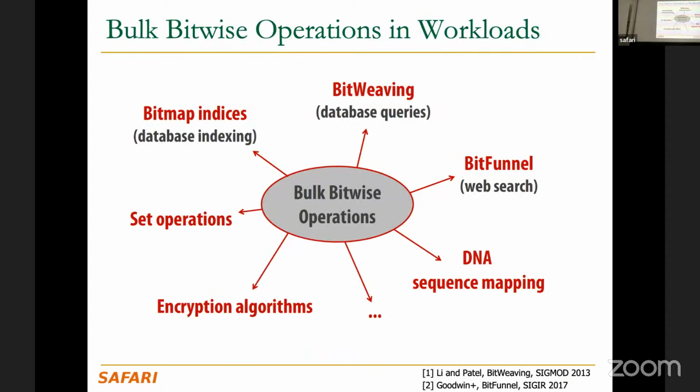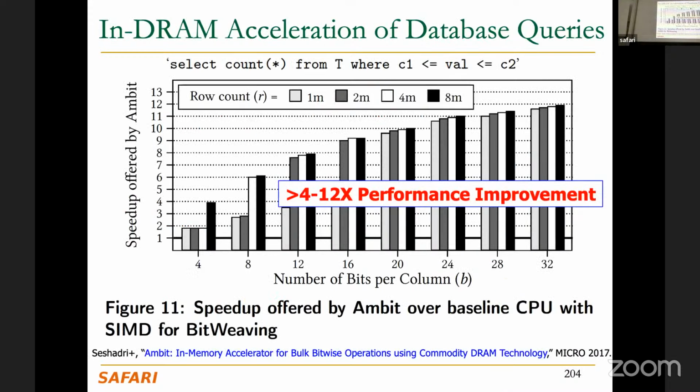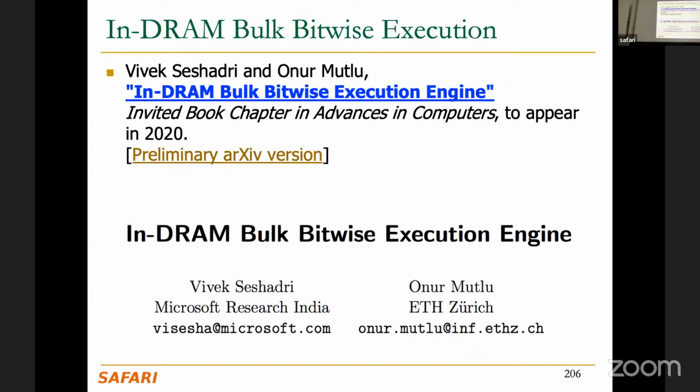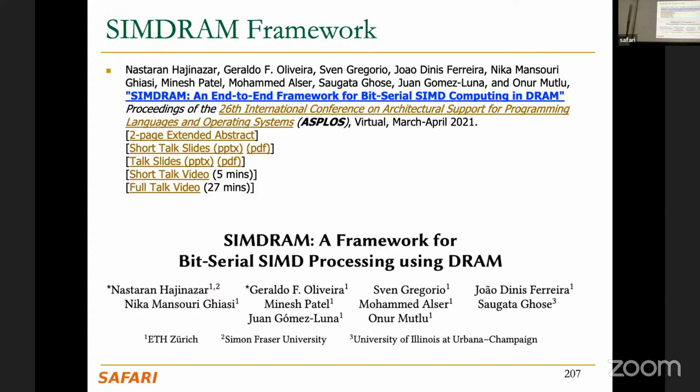Those applications use these bulk bitwise operations, like database applications, which heavily use bulk bitwise operations for filtering queries. This is one example of query execution using this system, and we see that it significantly improves performance compared to the CPU implementation. If you are interested in this bulk bitwise execution engine, we have this book chapter that elaborates further on the implementation details of it.